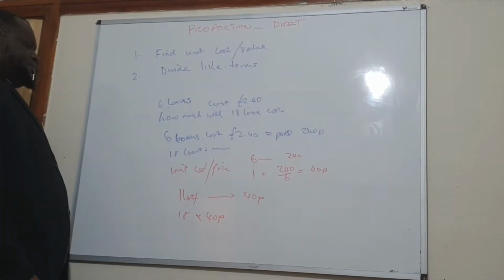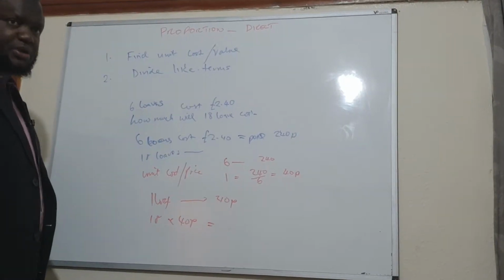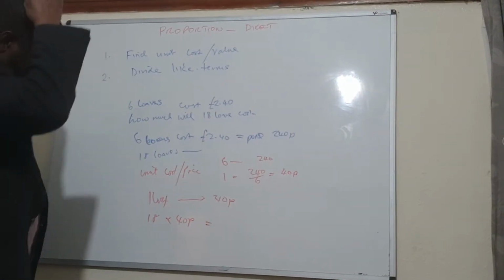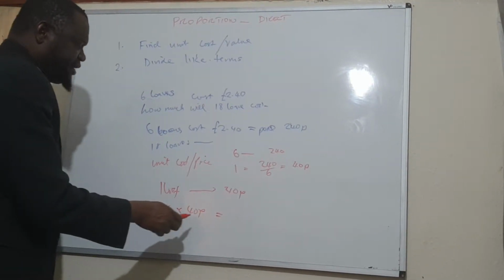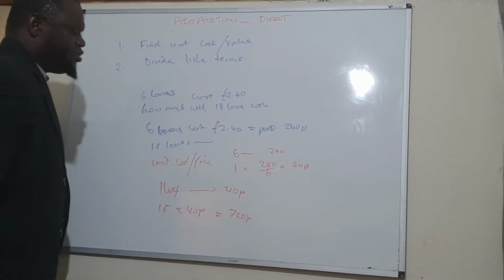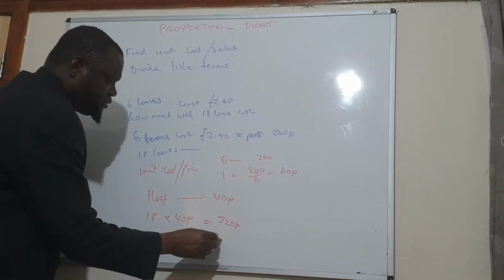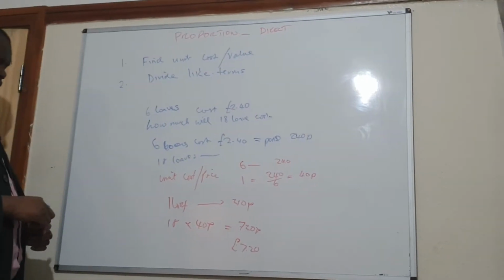How much will that be? I bought a calculator, I don't know where I put it. Left it in the office. 4 times 8... 720p, or £7.20. This is what you call finding the unit cost.